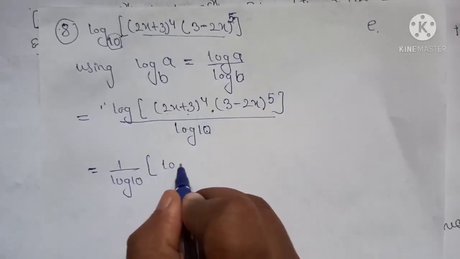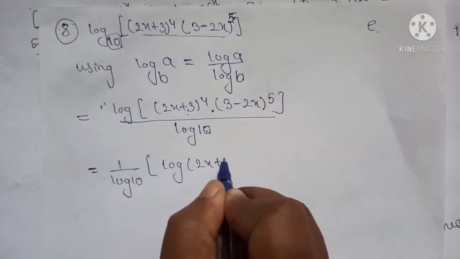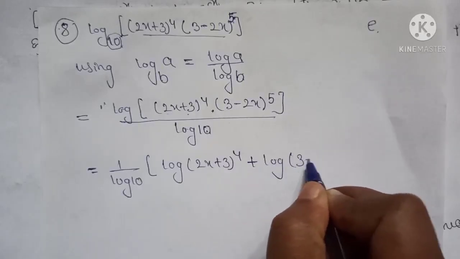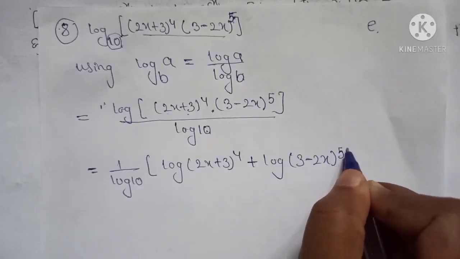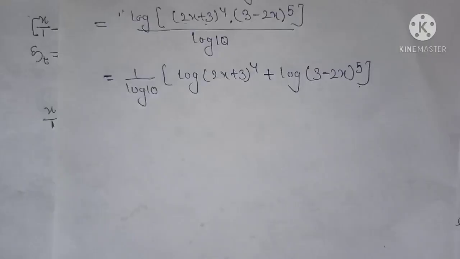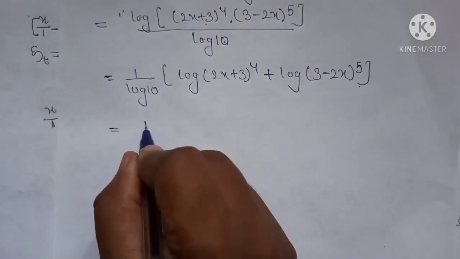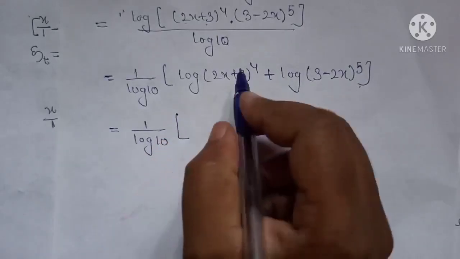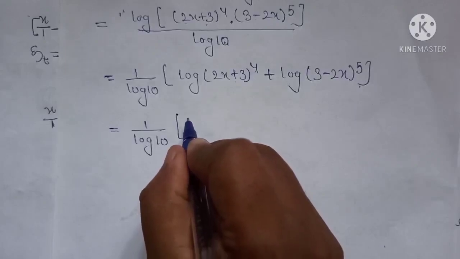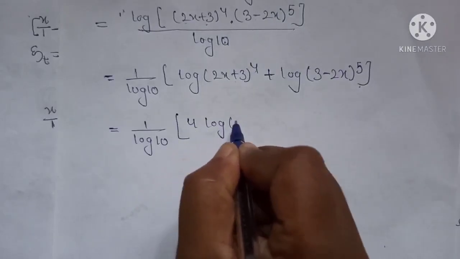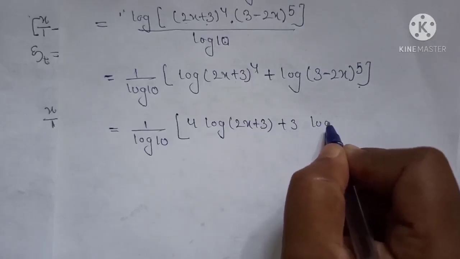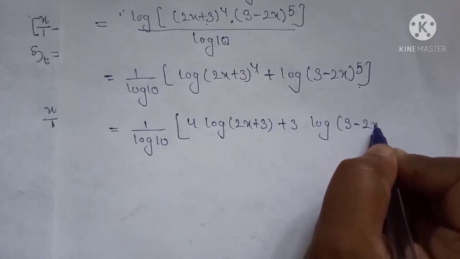This is equal to log of (2x + 3) power 4 plus log of (3 minus 2x) power 5. So this can be further written as 1 divided by log 10 as it is. Here in m raised to n form, therefore it is 4 log (2x + 3) plus 5 log (3 minus 2x).